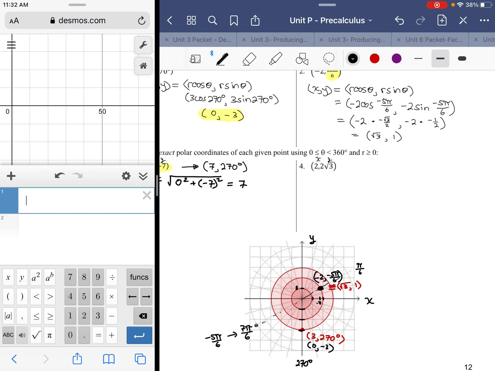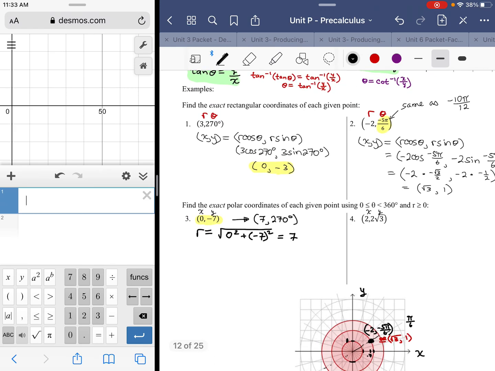They're exactly the same. So 7 steps along the x-axis corresponds to 7 steps along the polar axis. And then we have the theta. I'm going to go with tangent.